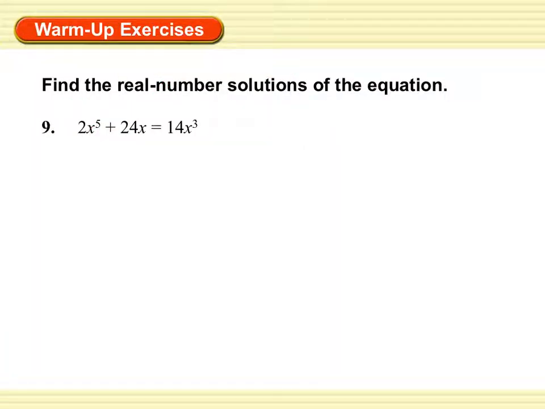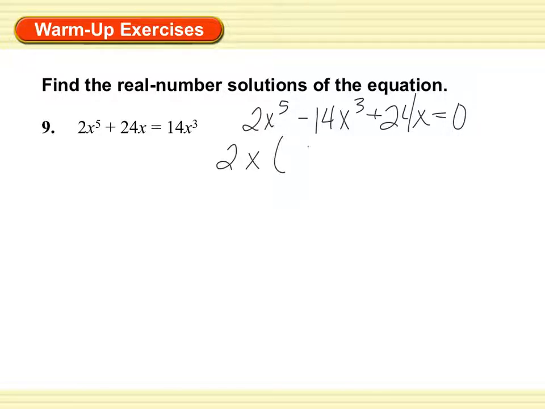Find the real number solutions. To put this in standard form first, 2x to the 5th minus 14x cubed plus 24x. And factor out our greatest common monomial, which is a 2x. 7x squared, 12.